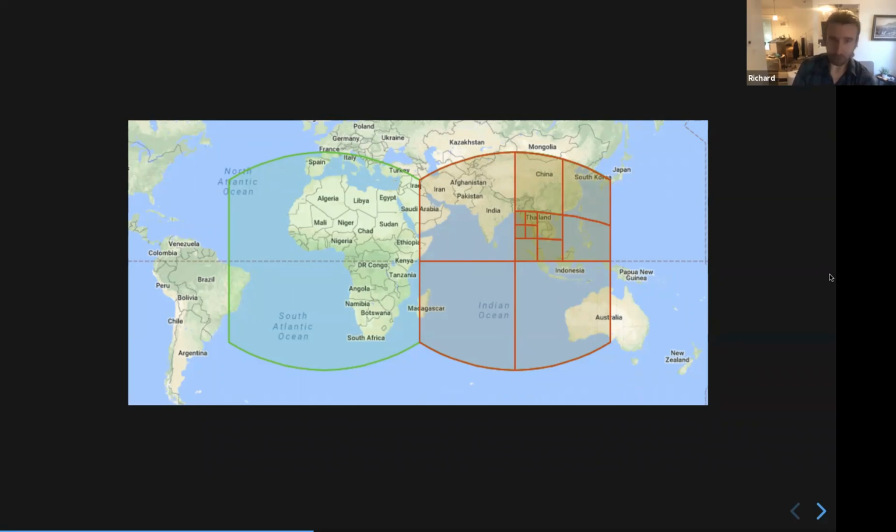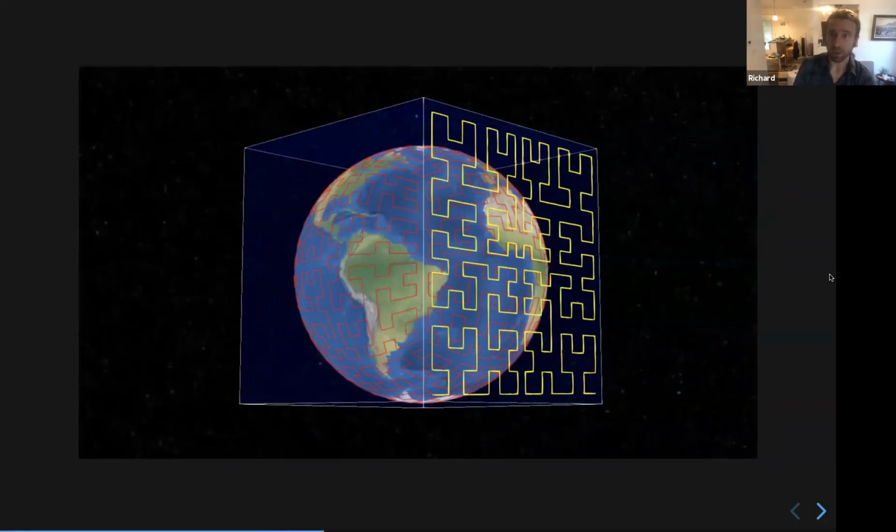But perhaps more interestingly, these cells have a particular ordering. And this is using what's called a Hilbert space-filling curve. So that if I want to find the neighbors of a cell, I just have to walk along that curve, or use a relatively simple function to move between edges of the curve.